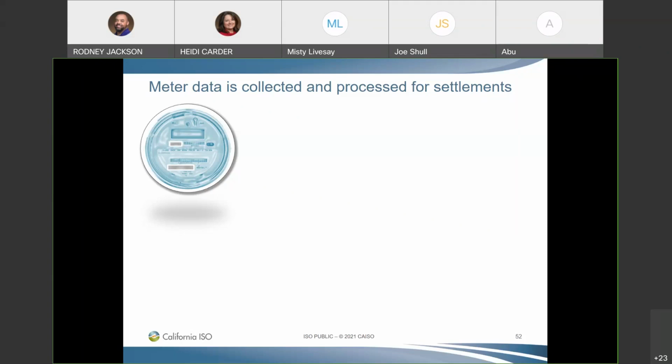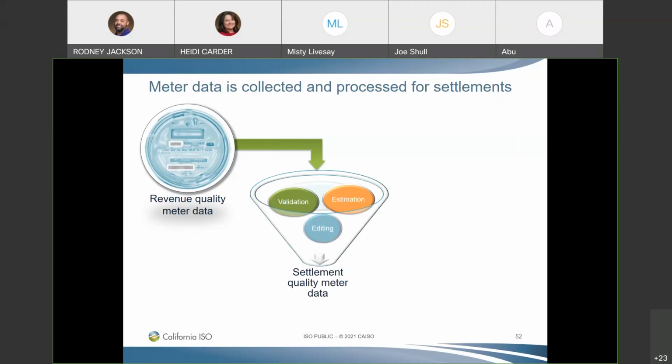The data that comes from the meters is considered raw data, also known as revenue quality meter data. But what is needed to be consumed by the ISO settlements is settlement quality meter data, also known as SQMD. The revenue quality meter data is converted into settlement quality meter data by putting it through our VEE process, which is validation, estimation, and editing.